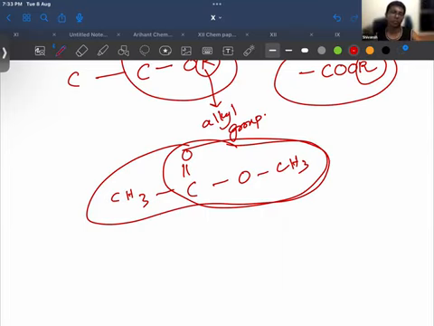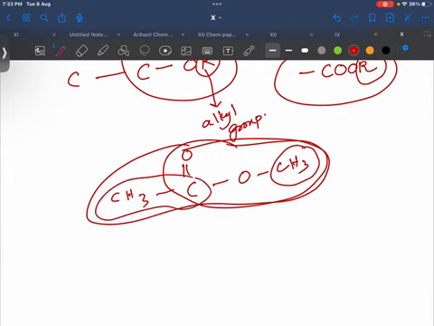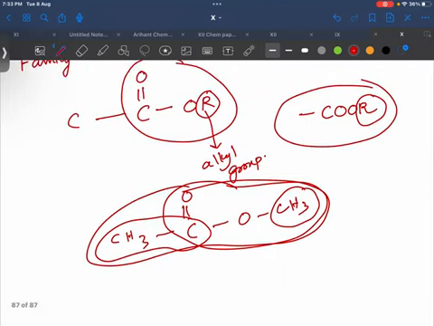Because this is your methyl and this you have two carbon atoms. Methyl ethanoate like that. Just don't worry about this. This is not there in 11th and 12th also. Don't worry. But you should know that this is an ester. That's it. Okay. So we are done with the secondary suffix.